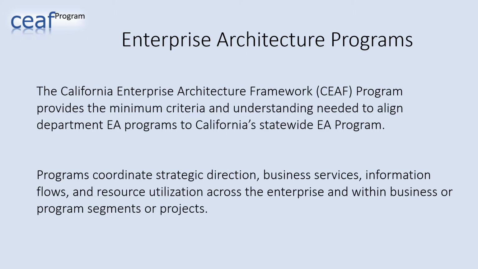Department EA programs coordinate strategic direction, business, information, and resources across the enterprise within lines of business and projects. The coordinating outputs can inform decisions regarding new endeavors, transformation, and modernization efforts.